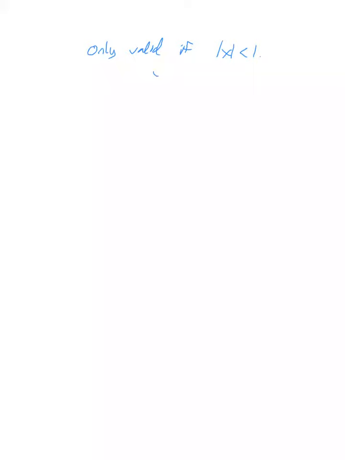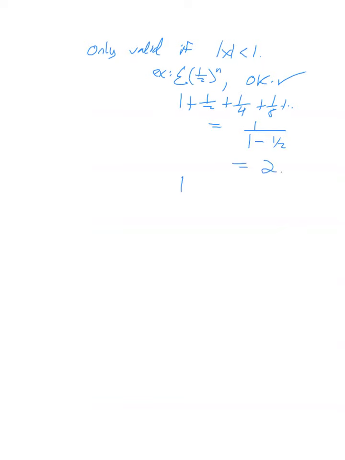So for example, 1/2 to the nth power. This is okay. And the claim then is that 1 plus 1/2 plus 1/4 plus 1/8 and so on is actually equal to 1 over 1 minus 1/2, or in other words, is 2. So this is kind of reasonable, right? Because 1 plus 0.5 plus 0.25 plus 0.125 plus 0.0625.